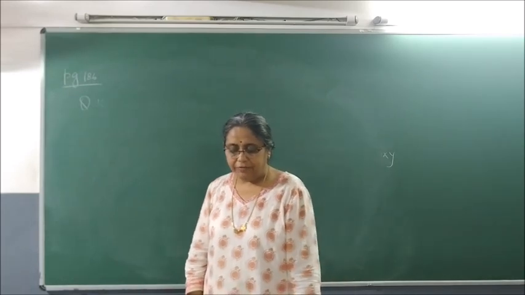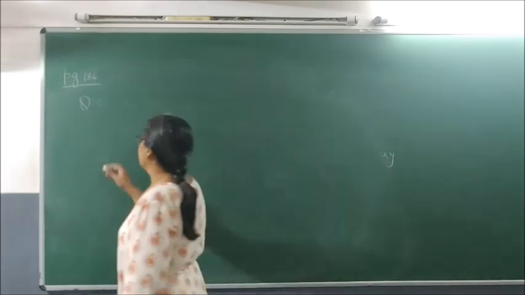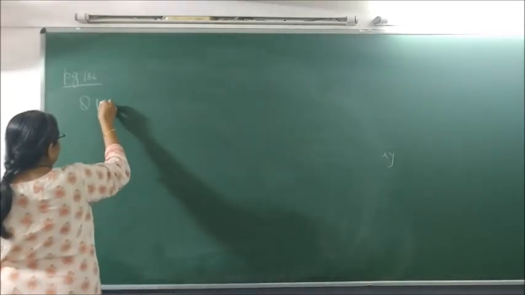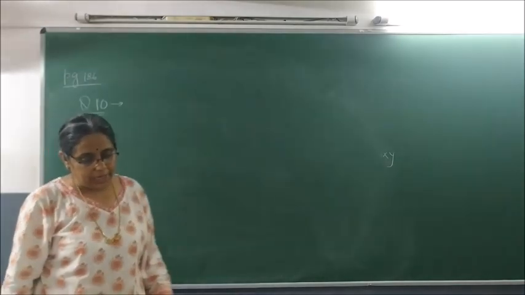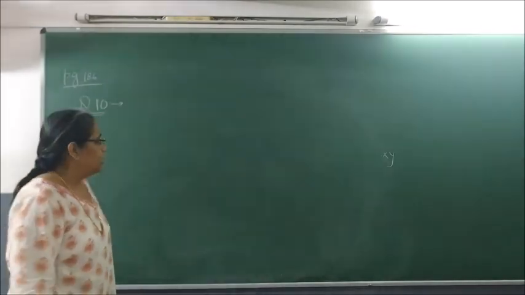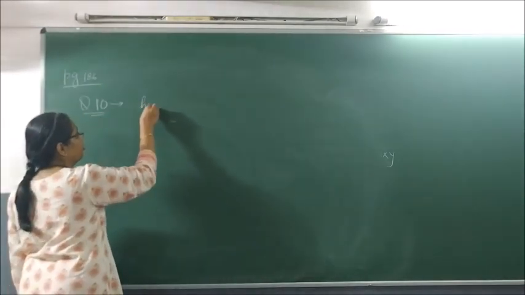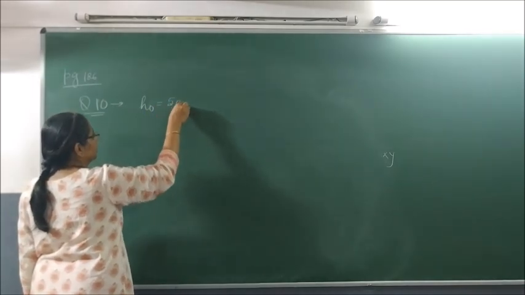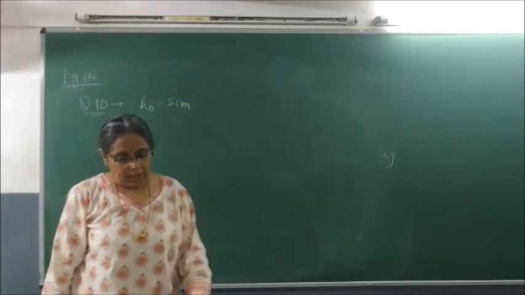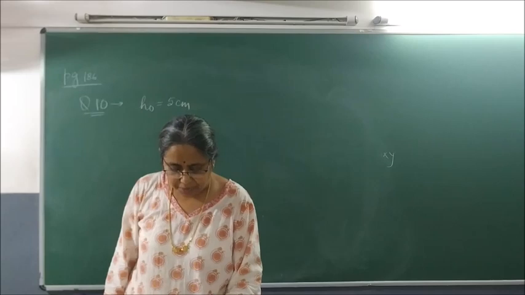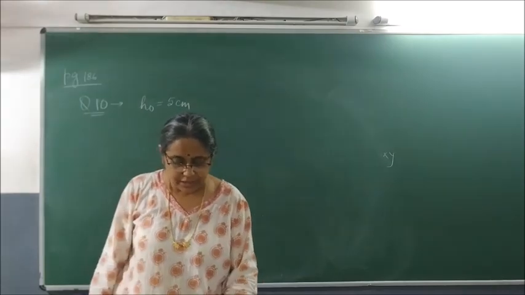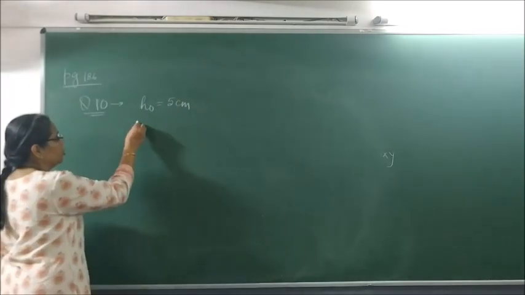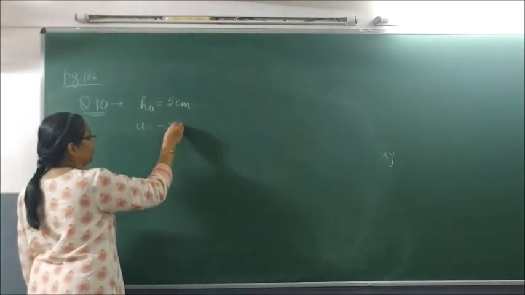An object 5 centimeter in length. So this is question number 10. We will see question number 10. An object 5 centimeter in length. Height of the object is 5 centimeter. Next, it is placed at a distance, held 25 centimeter away. So U is minus 25.